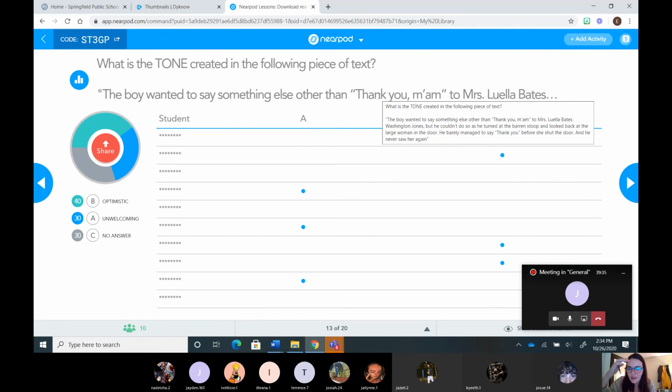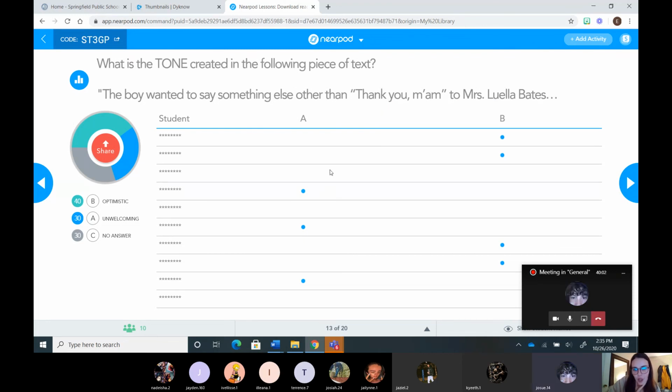So at the end of this paragraph here, he's struggling to even say thank you, and then it says she never sees him again. They never see each other again. So that kind of leaves us thinking, what about Roger at the end, though? Do we think he's going to go out and rob someone again? No, we feel like he understands that he has a chance for a better future.